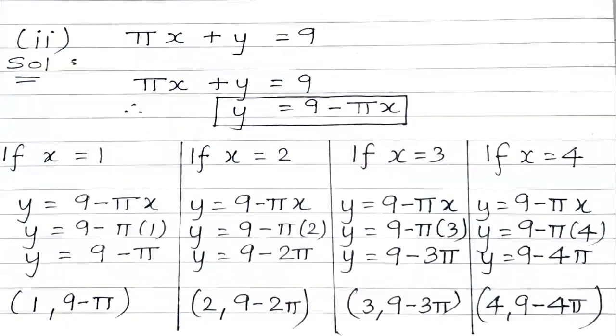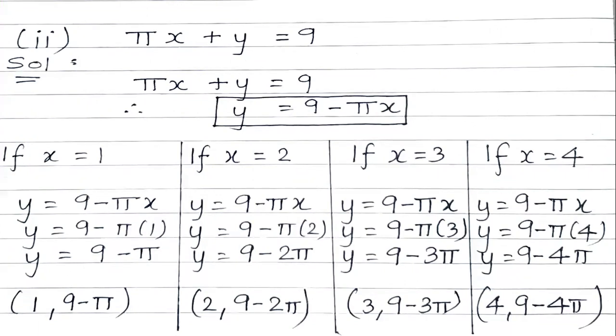Here, the second equation is 5x plus y is equal to 9. Very often, I have found children replacing the value of pi. My dear students, unless specified, kindly don't do that. So 5x plus y is equal to 9 is the equation.